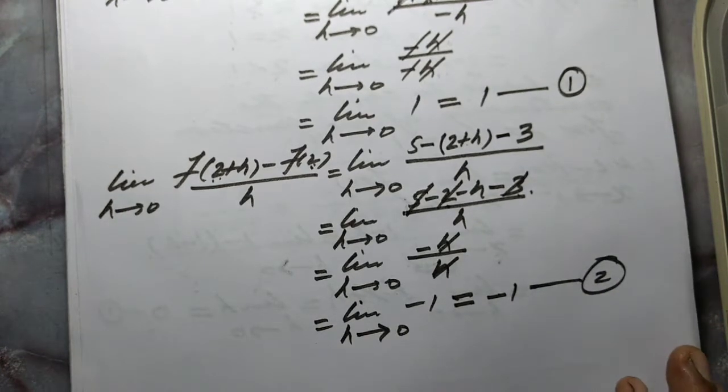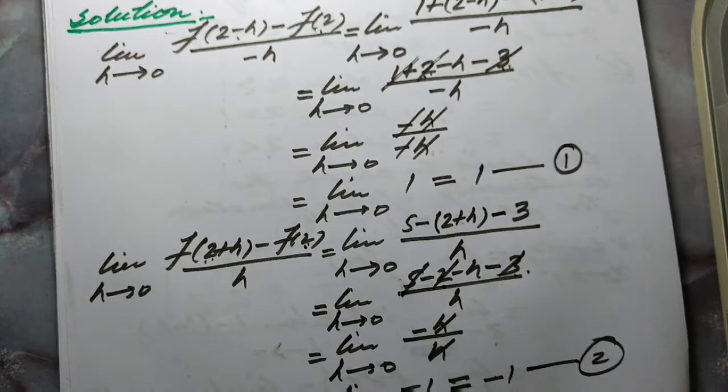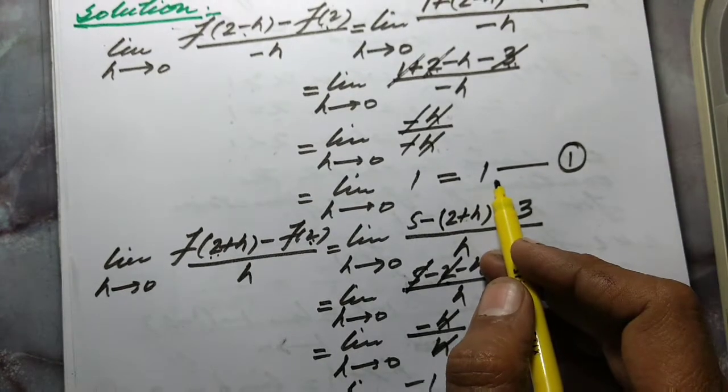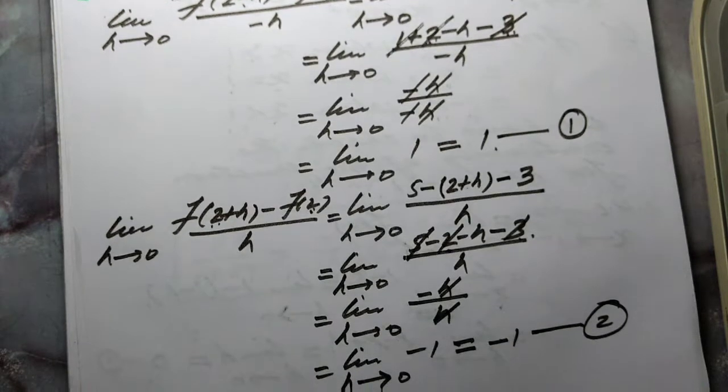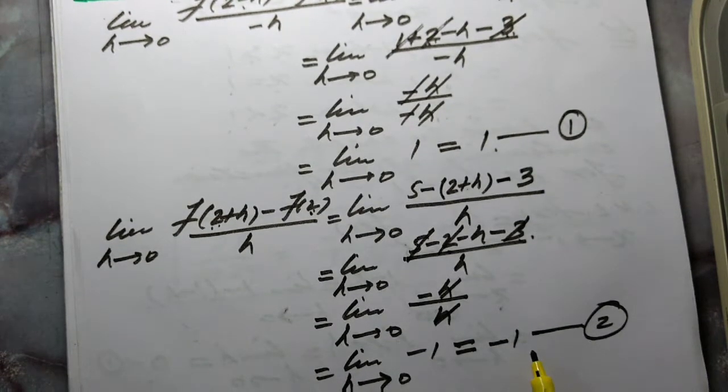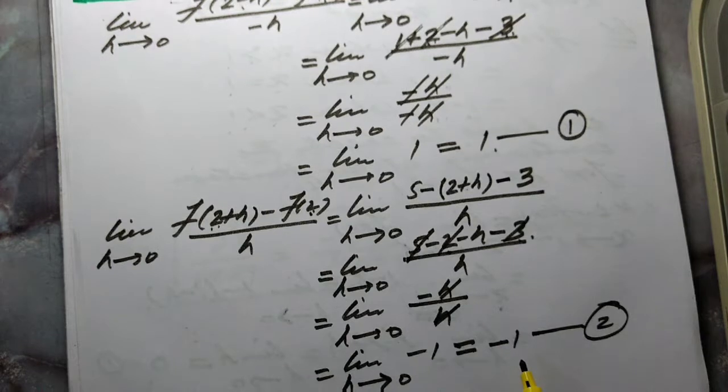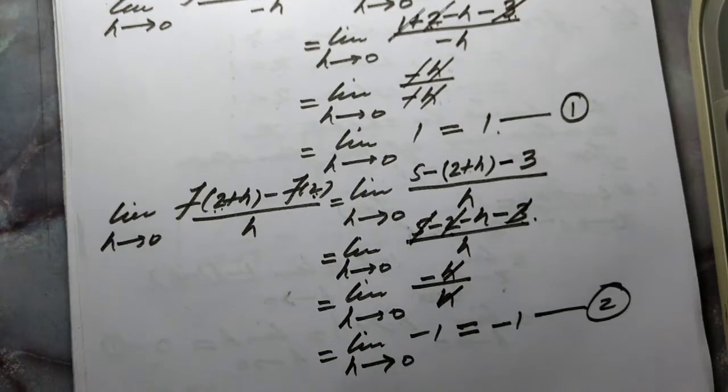As we observed, the value of left hand differential is 1 from equation number 1, and from equation number 2 the value of right hand differential is minus 1. So the value of left hand differential is not equal to the value of right hand differential.